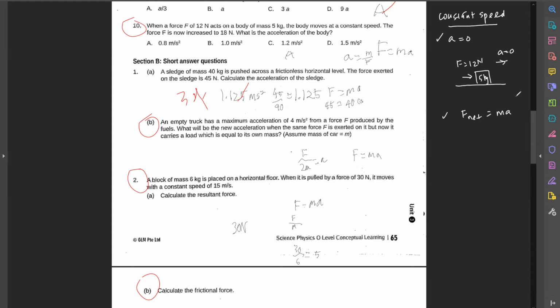So this down here tells you if acceleration equals to zero, resultant force must be zero. Right. Then another thing is how do you find resultant force?